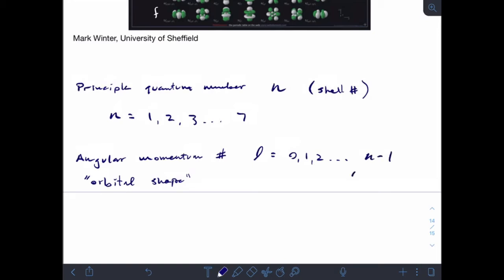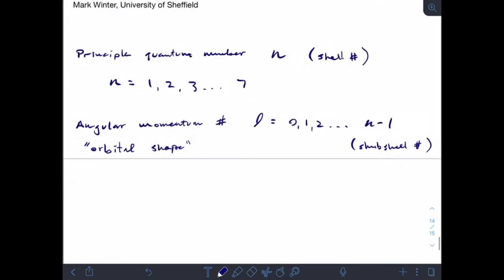This will be what we refer to as the subshell number. Subshell. So if I say an l value, I'm talking about the shape of an orbital. Is it a sphere? Is it a dumbbell? Is it a flower? Whatever.